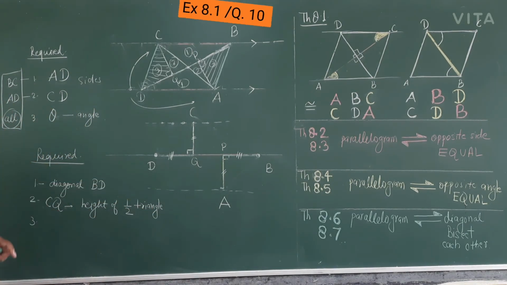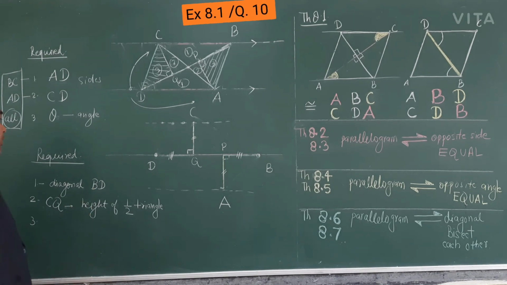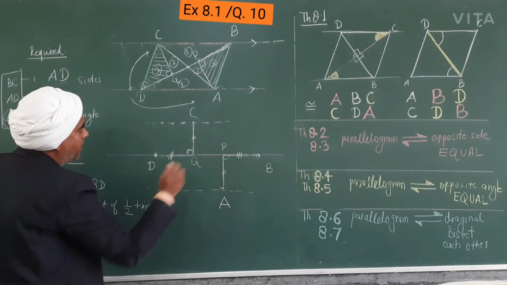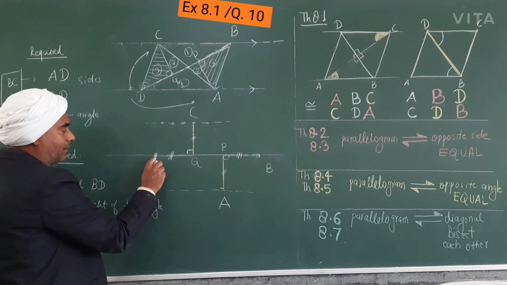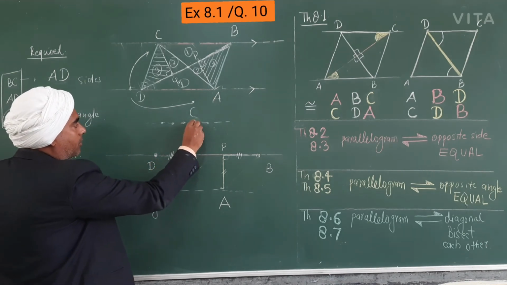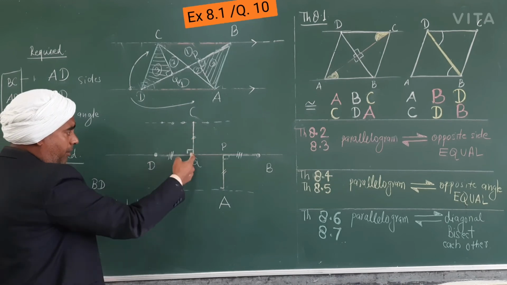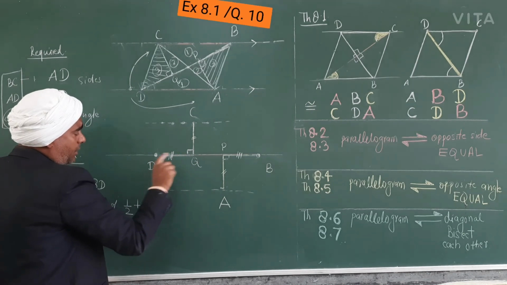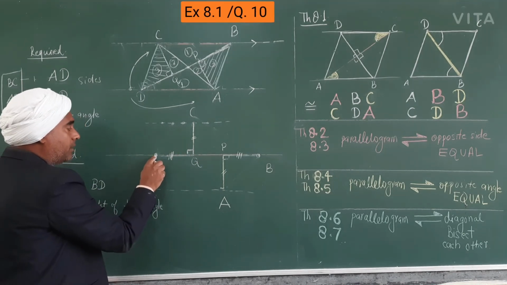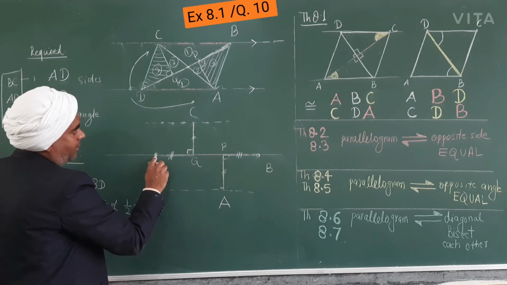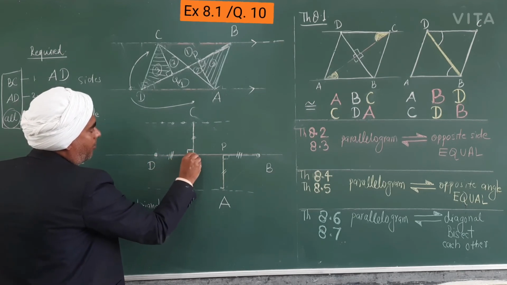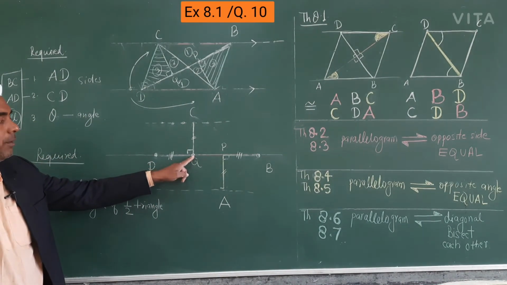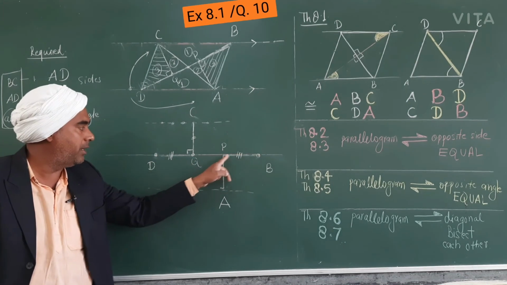But I have taken the question in another direction. In other directions, we require 3 things. The third is DQ or BP, meaning the length, the distance. This is the perpendicular height of the half triangle, and this is the distance from the vertices, and this is called the foot of perpendicular. The distance of the foot of perpendicular from the vertices should be equal.